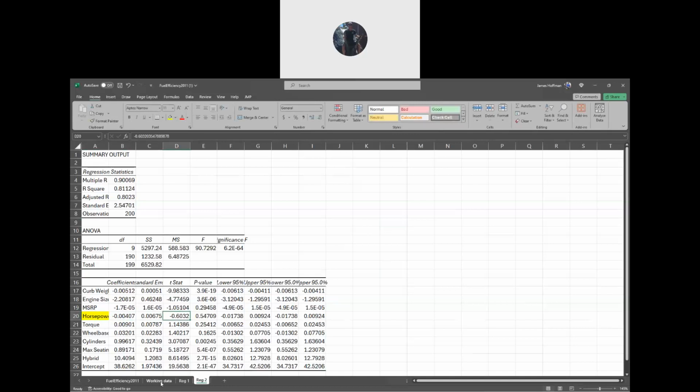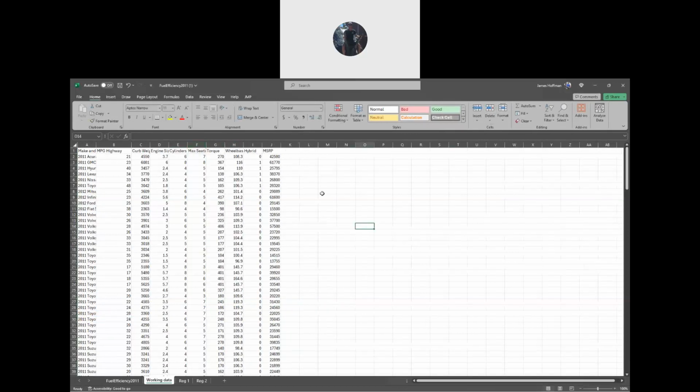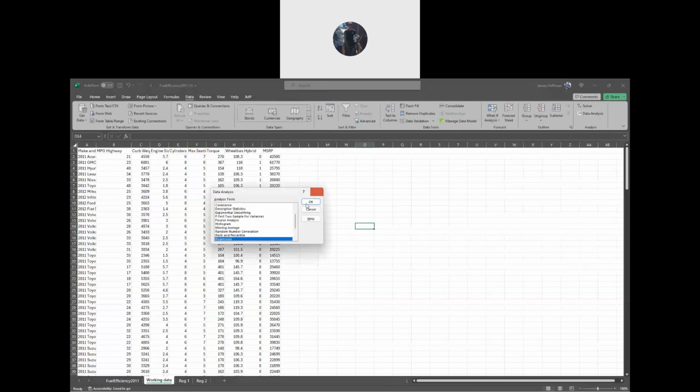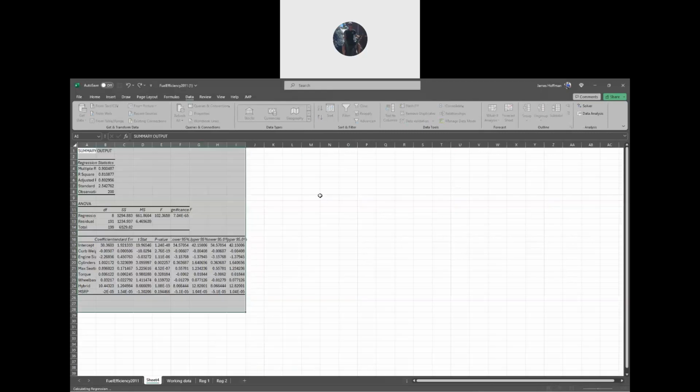Back to working data. Take out horsepower. Run it again. Change the range from C1 to J201. Okay.